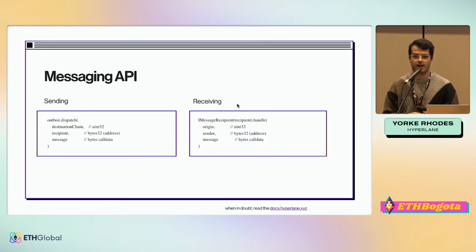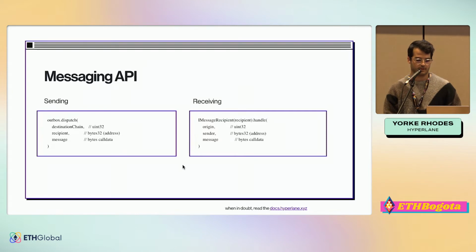And then on the receiving side, in order to receive a Hyperlane message, your contract needs to implement this interface called IMessageRecipient, and specifically this handle function, which takes in an origin chain identifier, the sender address on the origin chain, and then the message that was passed by the protocol.